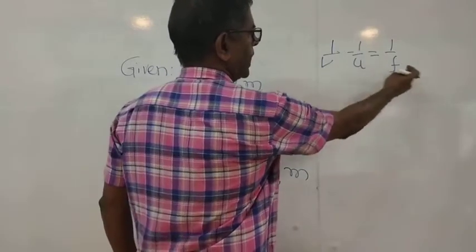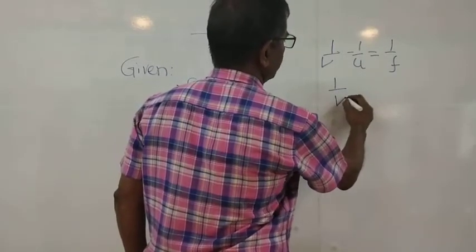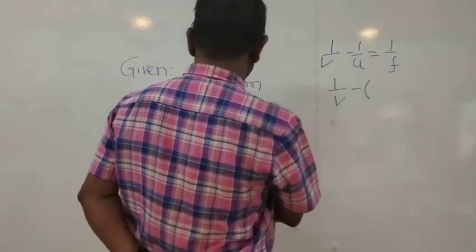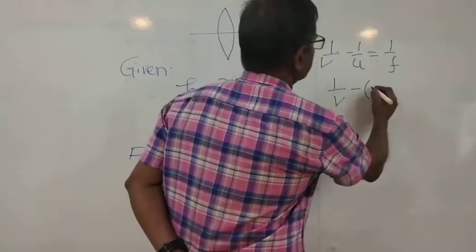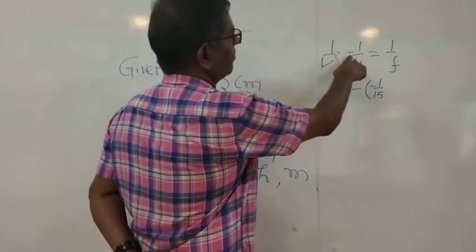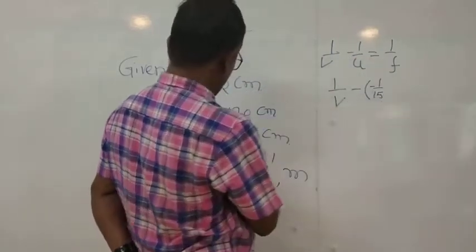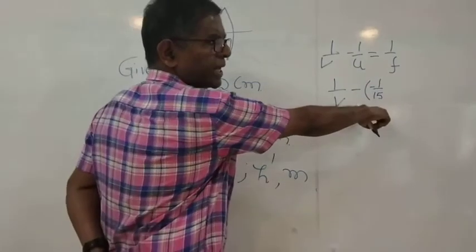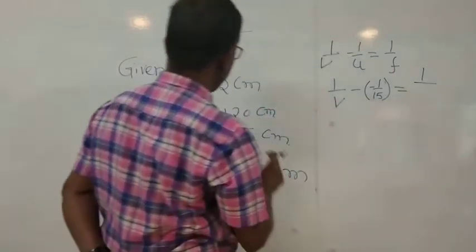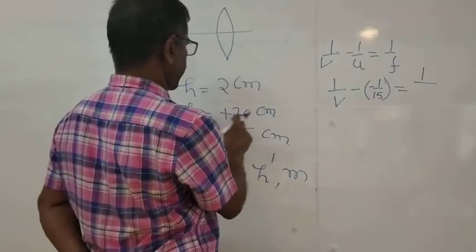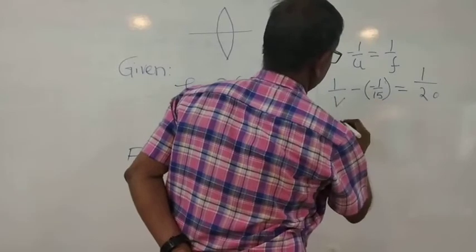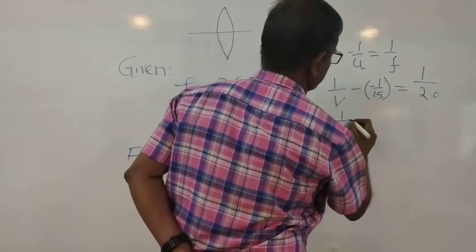Put the values of U and F to get V. So 1/V minus 1/U, where U is minus 15, so you write 1/V minus 1 by minus 15 is equal to 1/F. F again is positive and it is 20 centimeter, so plus 20 centimeter. That means 1/V, minus minus becomes plus.